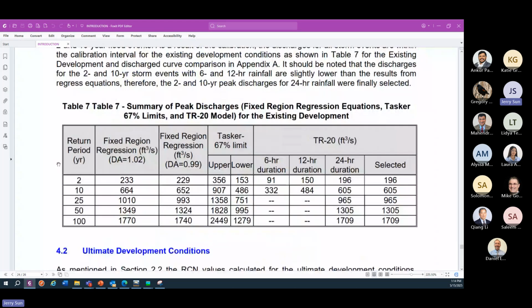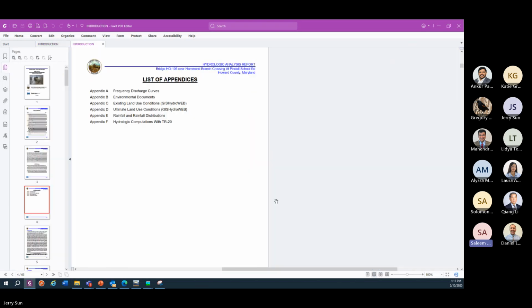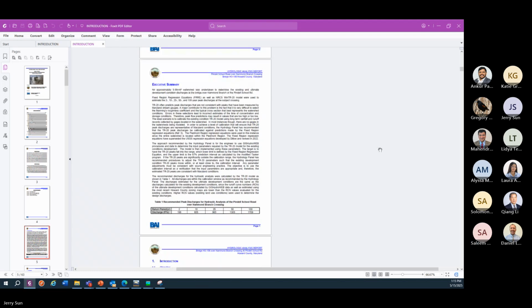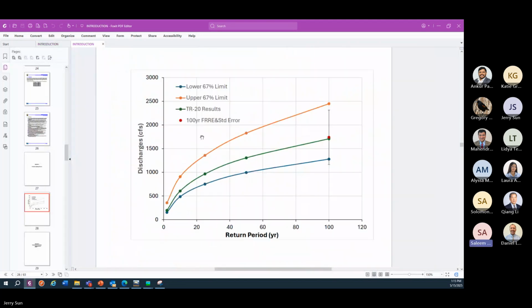I have a graph, but this is the appendix. I can open it. I was just reviewing this morning. I think it is a couple of pages down. Is it a Word file? Yeah, this one. This is tier 20, right?